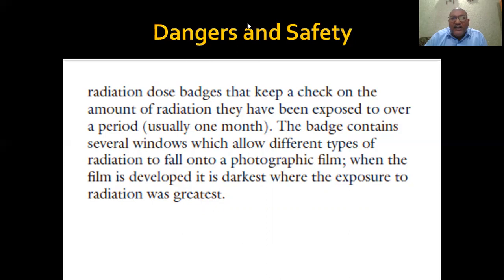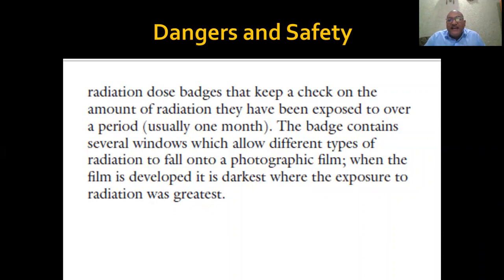I hope that you have understood till now. These are the safety measures: use tongs and forceps to handle sources, use gloves which have lead lining, wear aprons which have lead lining, and wear badges.